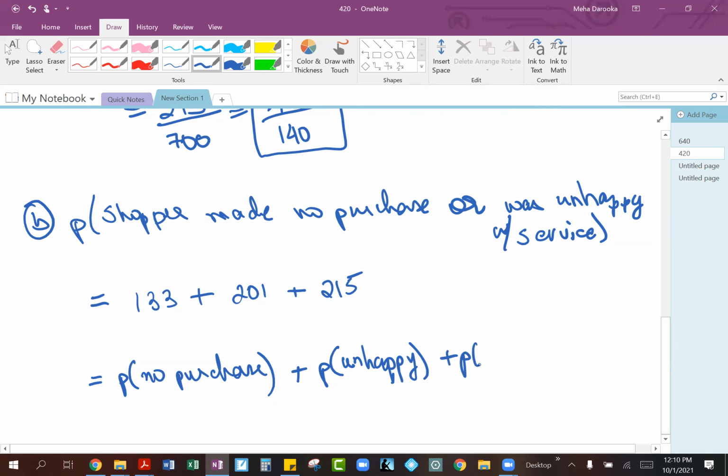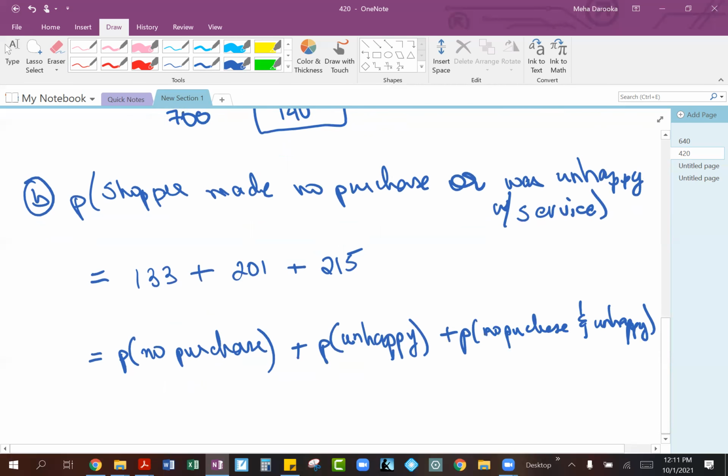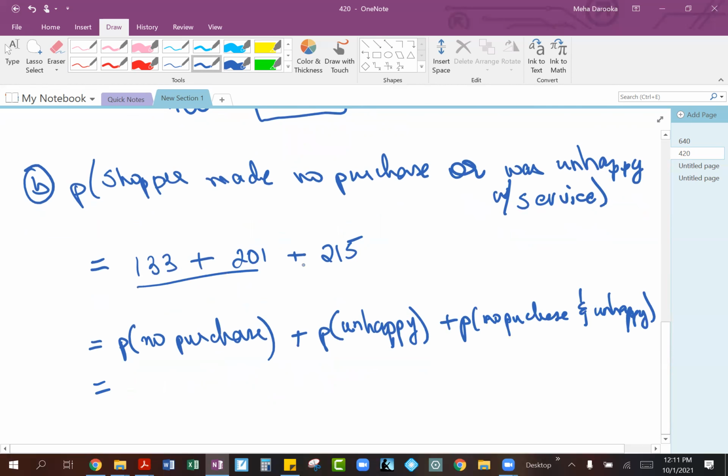And then, of course, you are taking in the people who were both unhappy and no purchase. So kind of what you did in part A. So what do you think this total will come out to be? And can we reduce that?